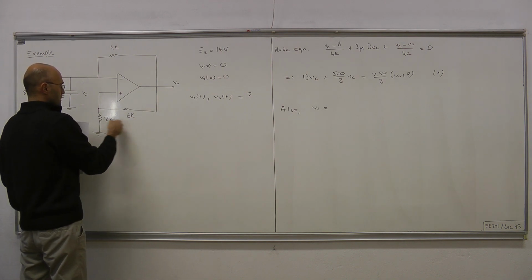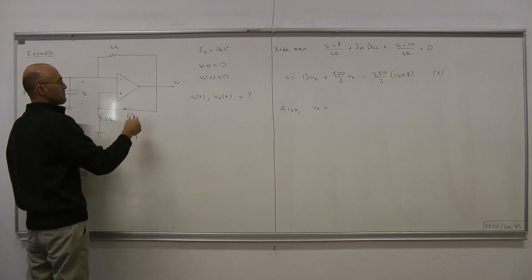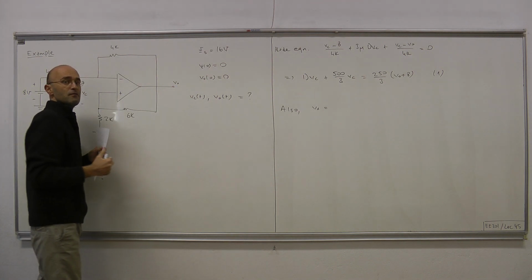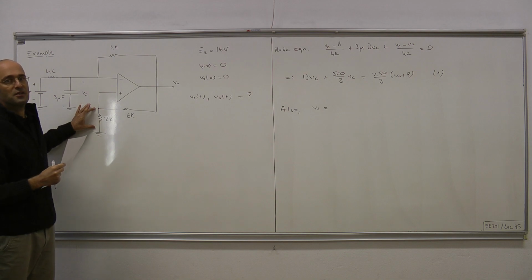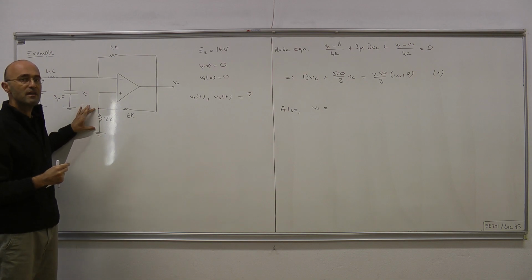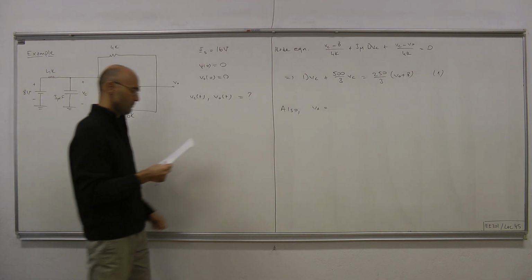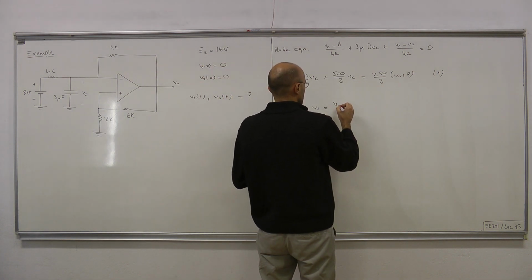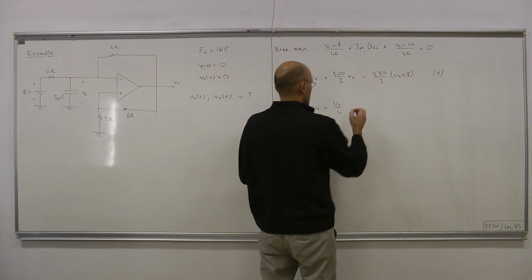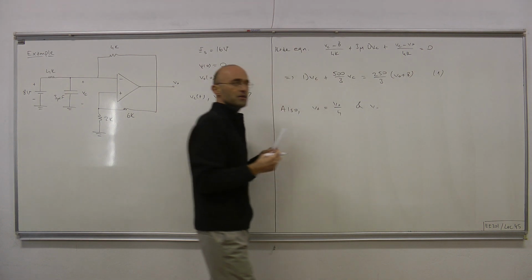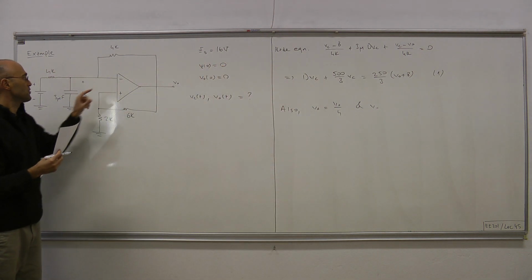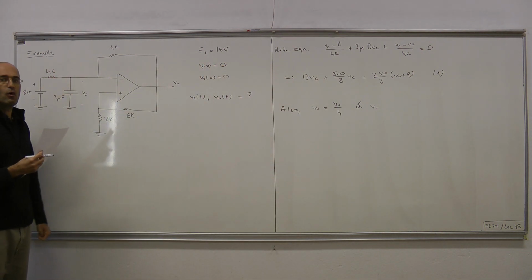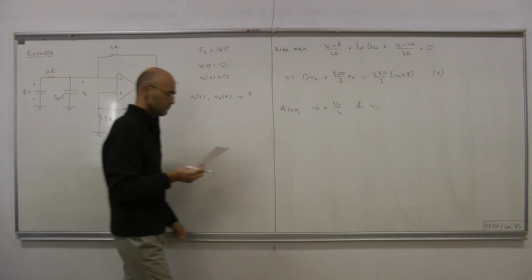So 2 over (2 plus 6) times V out is what V plus is. So 1/4 of V out appears at V plus: V out over 4. And as for V minus, this node voltage equals the voltage of the capacitor VC.